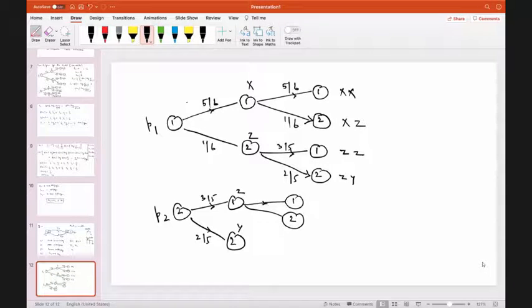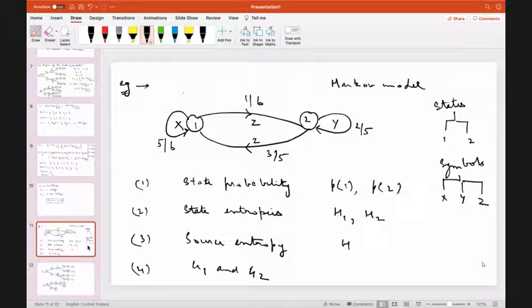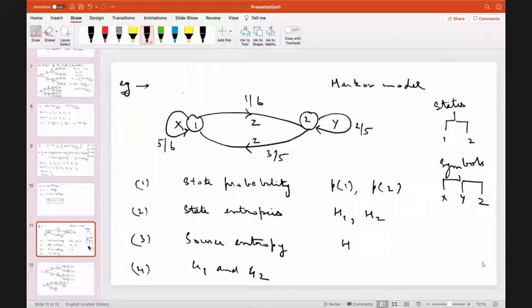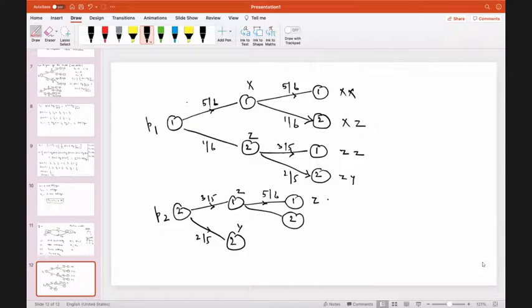So when you emit from 1 to 1, what is the probability? 5 by 6. Sorry, 5 by 6. So this is, I think, yeah, this is 5 by 6, and you emit a symbol X, so it will be ZX.